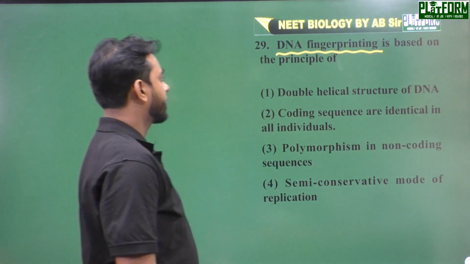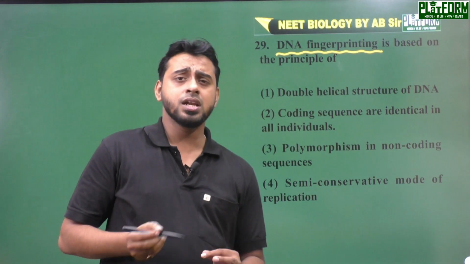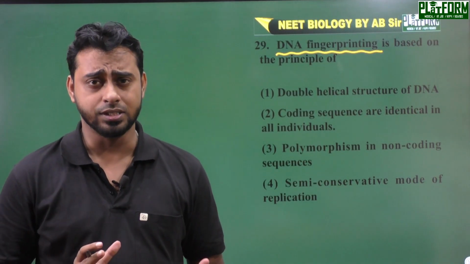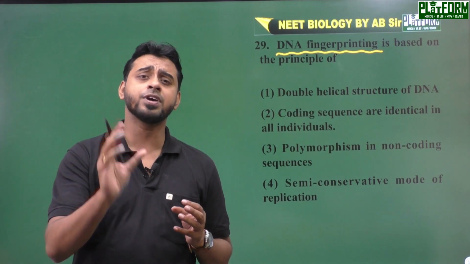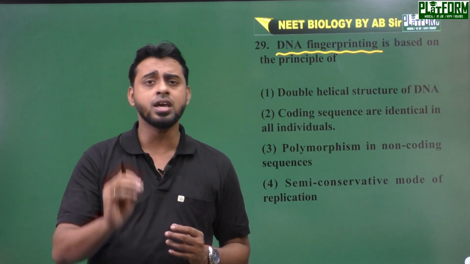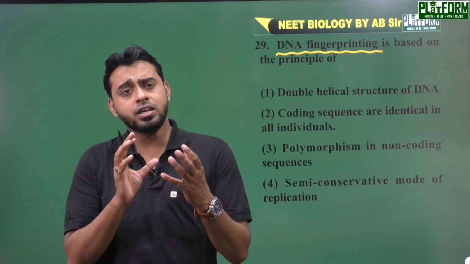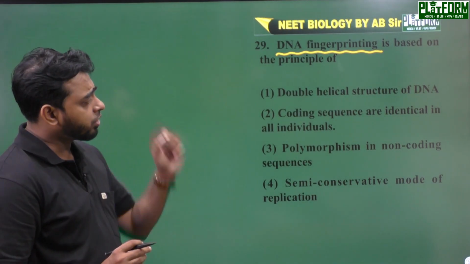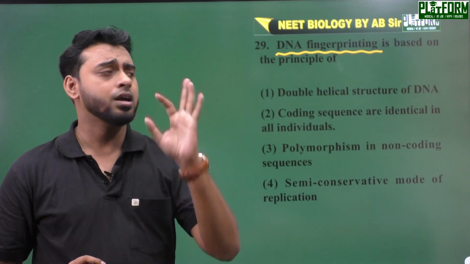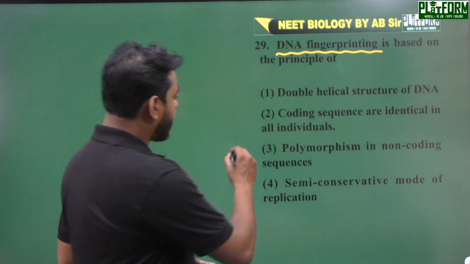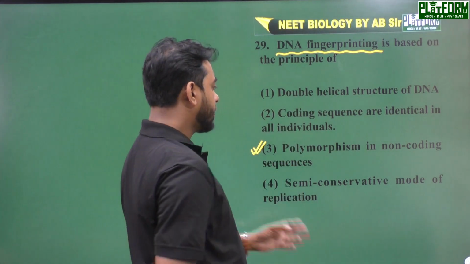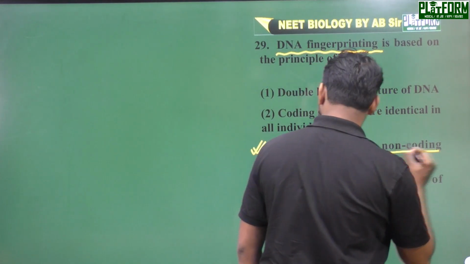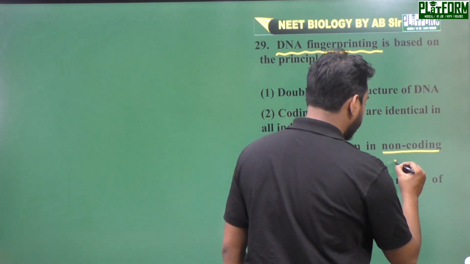Now, we know that the DNA fingerprinting is a very advanced tool of molecular biology, and by using the DNA fingerprinting technique, we can easily solve any type of criminal offenses. Fine. Now, the main principle of the DNA fingerprinting is the polymorphism in the non-coding sequence. What do you mean by the non-coding sequence? The non-coding sequence means we are talking about the introns.